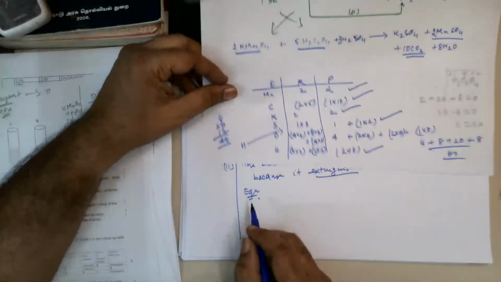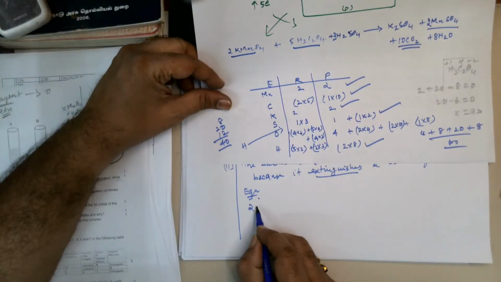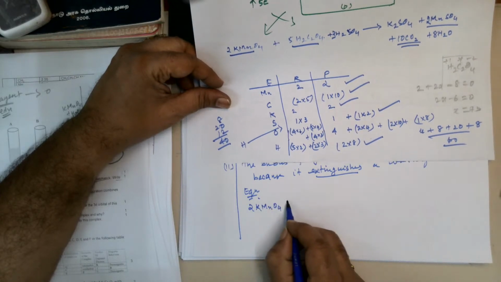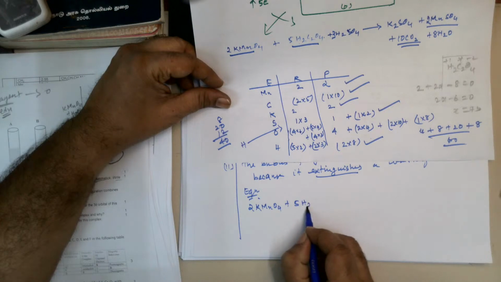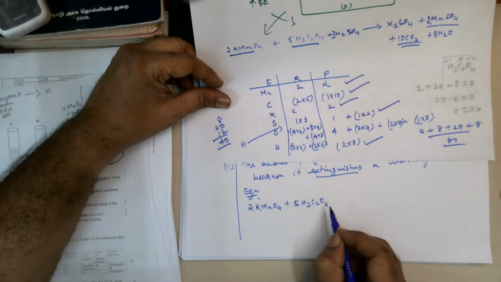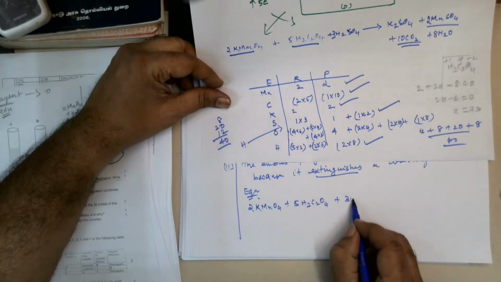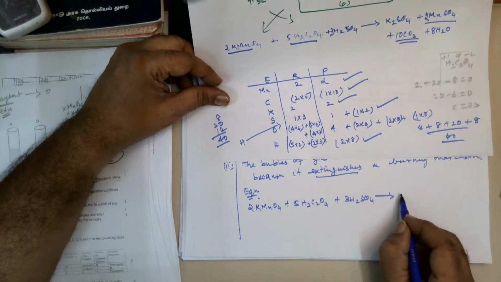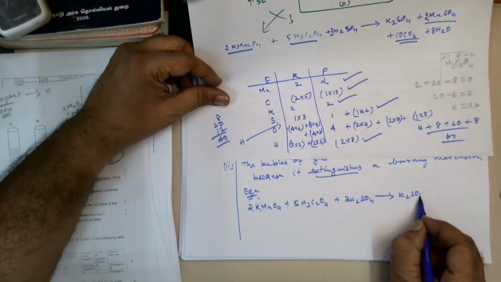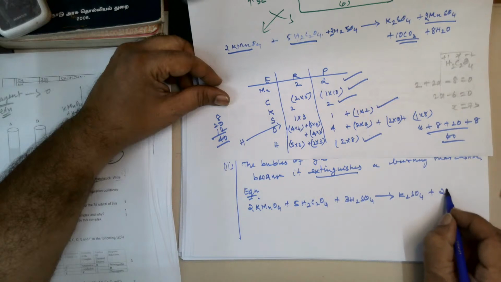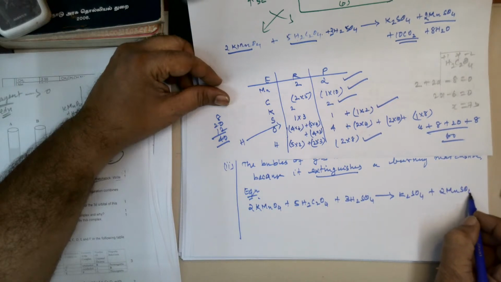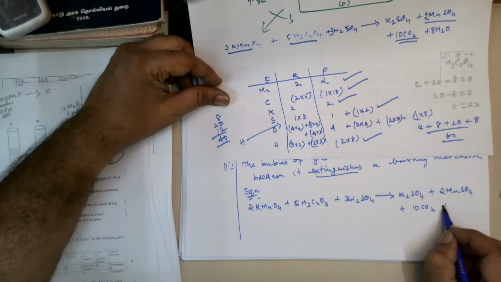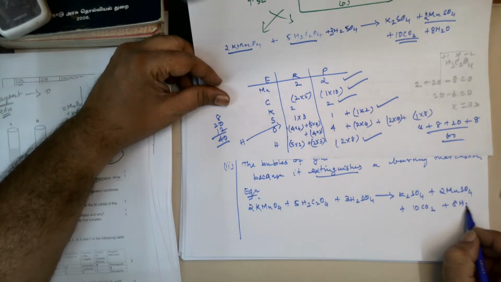Okay, so you can reproduce the equation. 2KMnO4 plus 5H2C2O4 plus 3H2SO4 gives K2SO4 plus 2MnSO4 plus 10CO2 plus 8H2O.